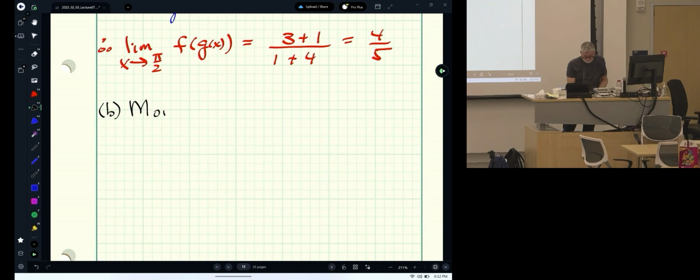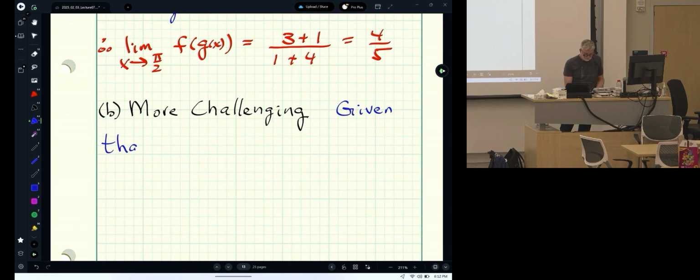Well, this one is more challenging. So you're given this. We know how to define Euler's number.